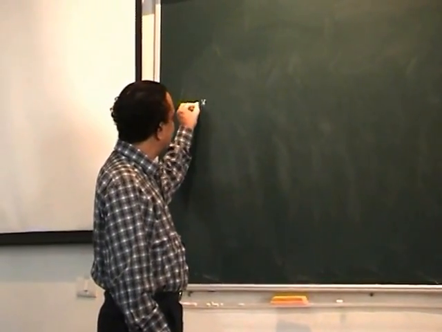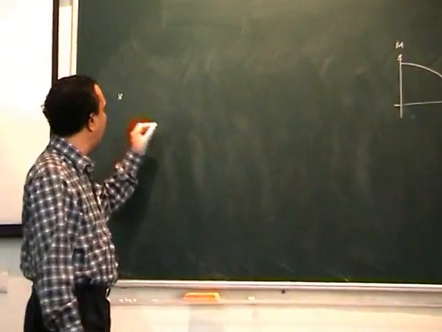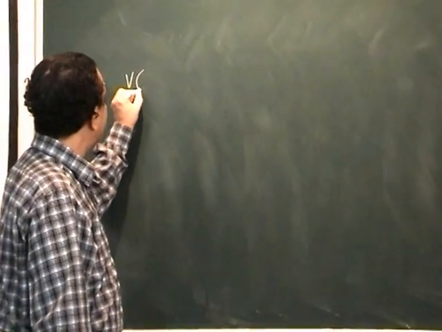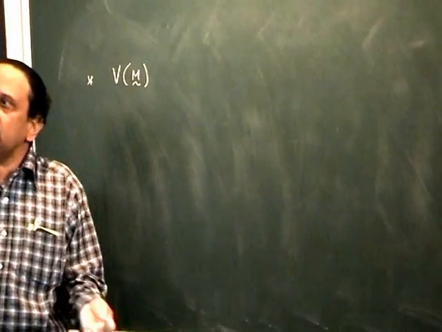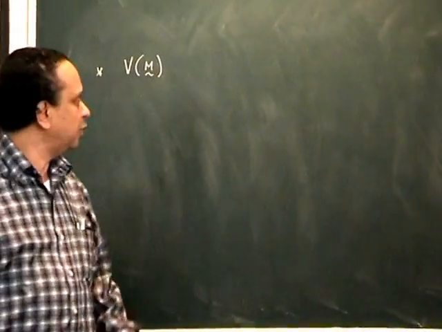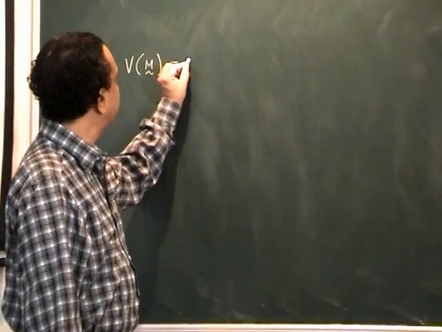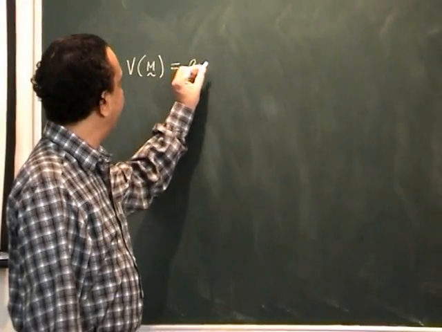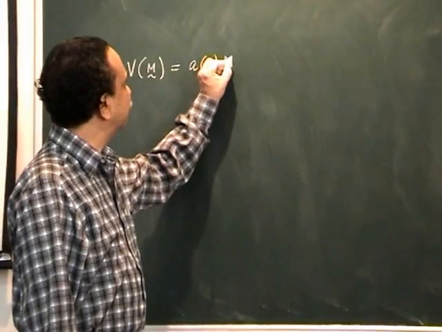So let us consider something like a potential. Actually it happens to be free energy, but something like a potential which is a function of the magnetization. Okay, and let us write down an expression for it. So let us say we write the expression in the following form: some A, which could depend on the temperature, times m squared.